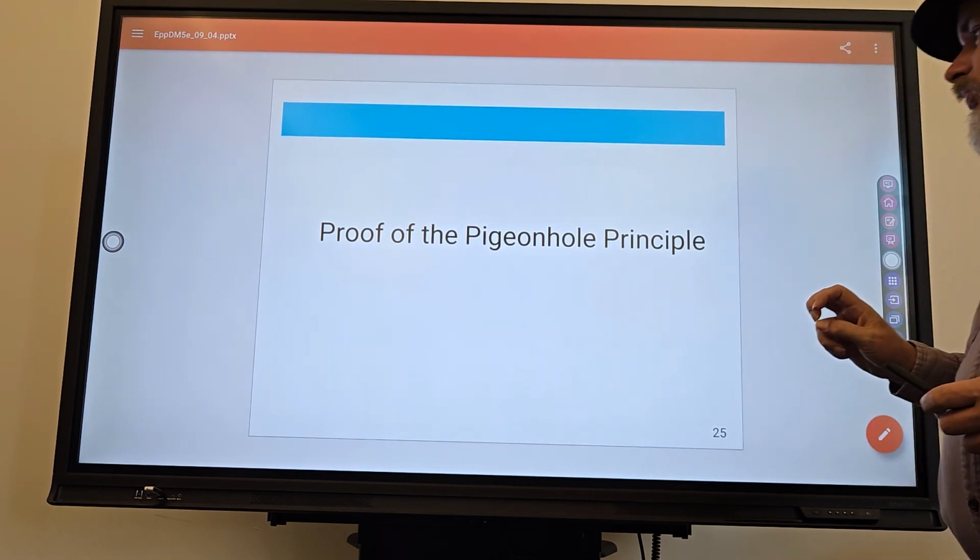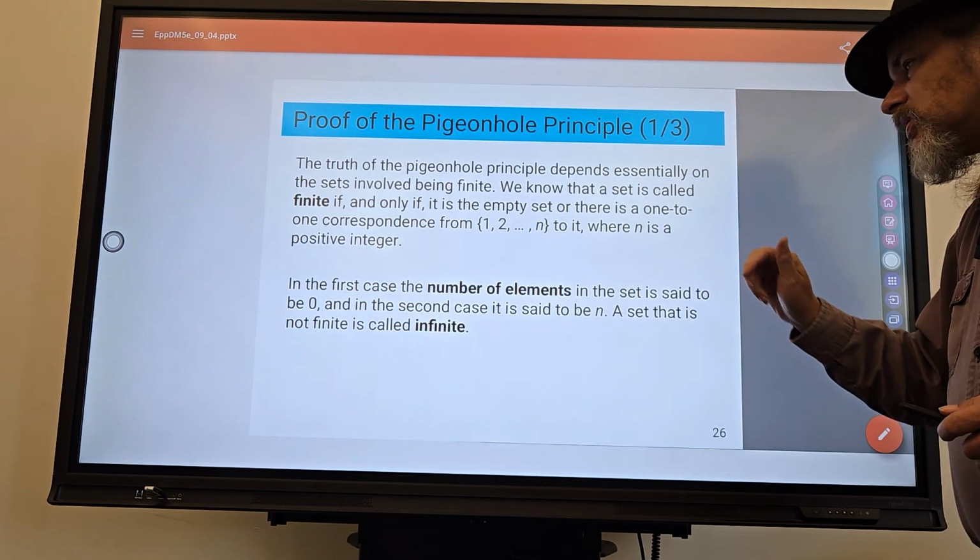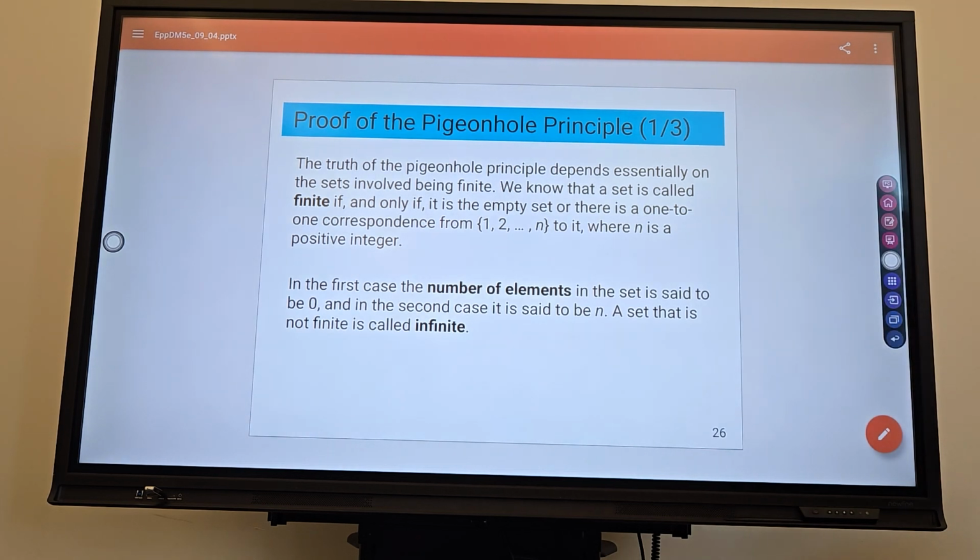And proof of the pigeonhole principle, as if you need to prove common sense. The truth of the pigeonhole principle depends essentially on the sets involved being finite. We know that a set is called finite if and only if it is the empty set or there is a one-to-one correspondence from 1, 2, 3 to n to it, where n is a positive integer.